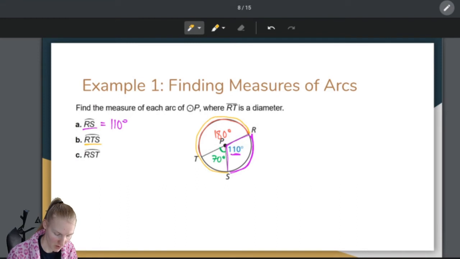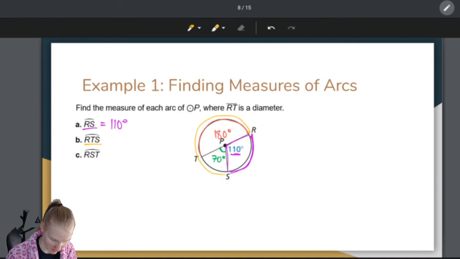I wouldn't go RTS this way, even though this covers all the same letters, R, T, and S. You need to go in the same order, just like when we name triangles, we call them A, B, C. When I name arcs, and they say R, T, S, I need to go in the same order. R, T, S.